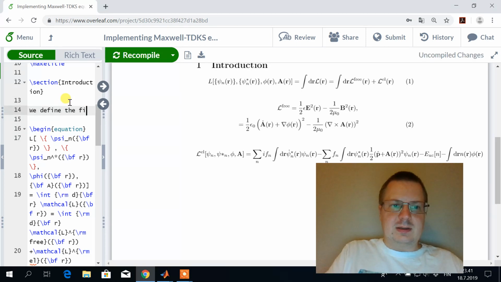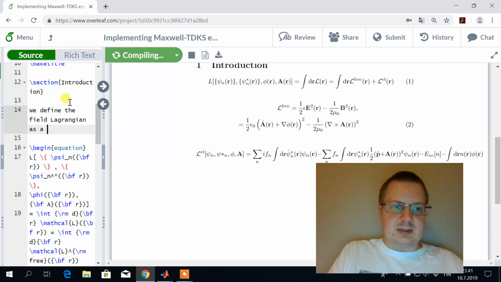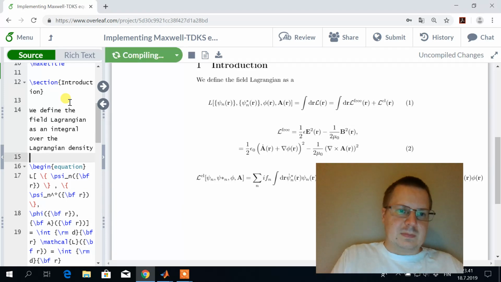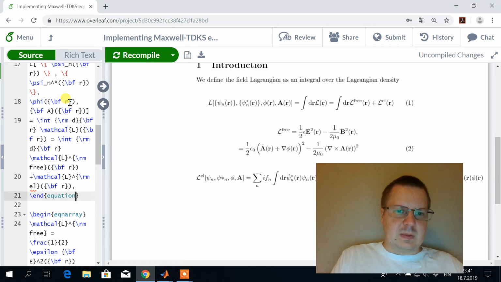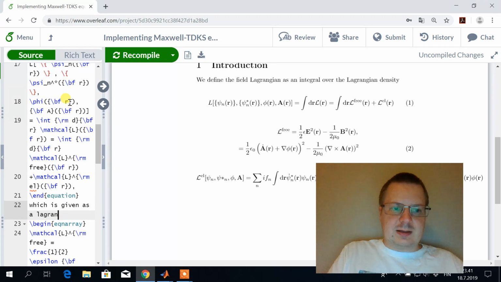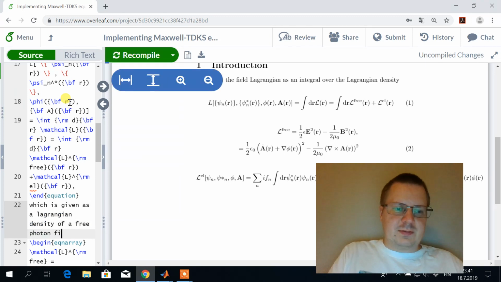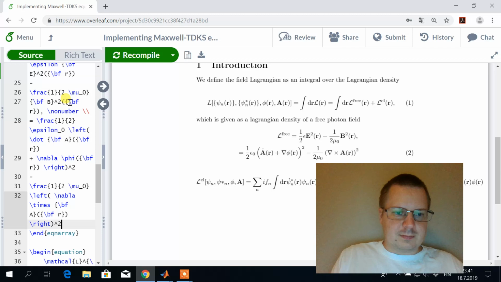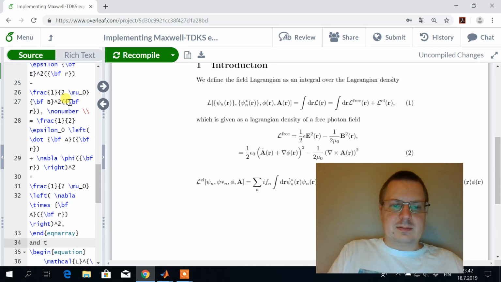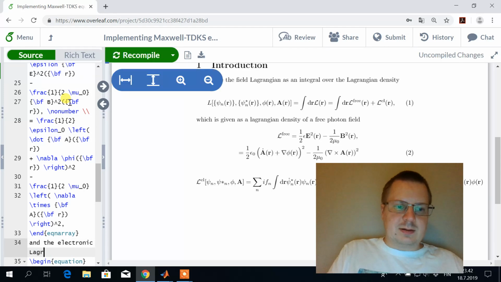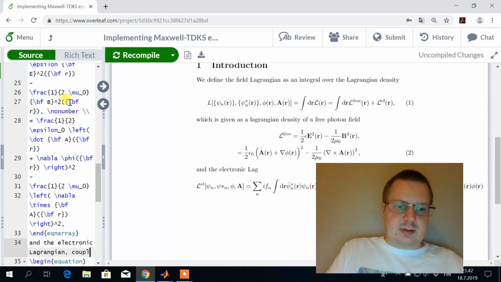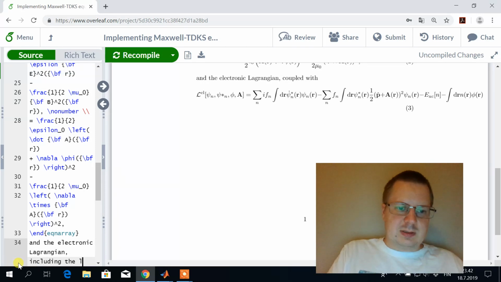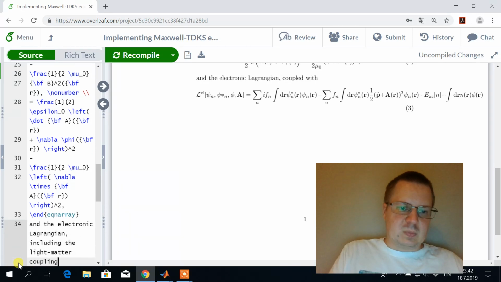We define the field Lagrangian as an integral over the Lagrangian density, which is given as a Lagrangian density of a free photon field, then the electronic Lagrangian coupled with, including the light-matter coupling.